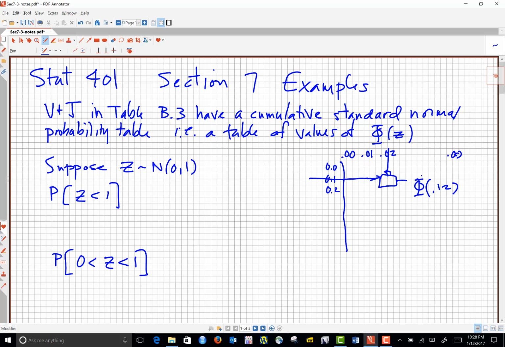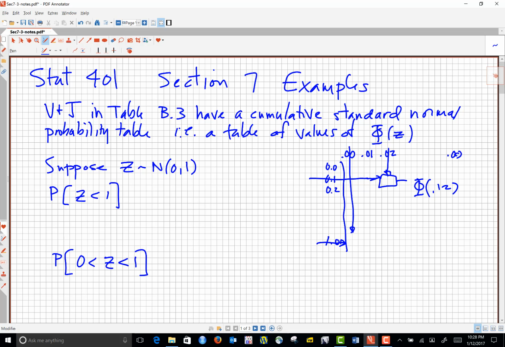With that kind of background, you can ask yourself, what should be the probability that a standard normal variable is less than 1? I would find that in the 1.0 row under the 0.00 column.